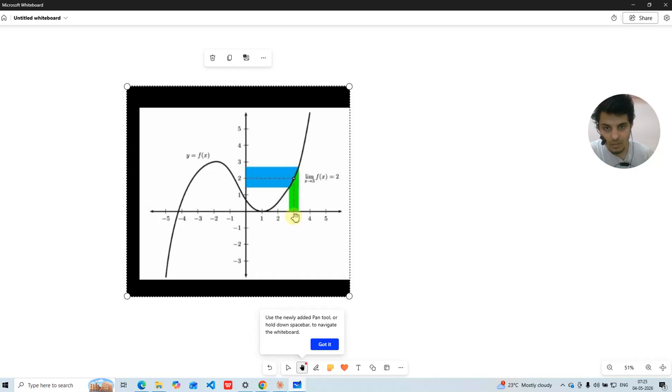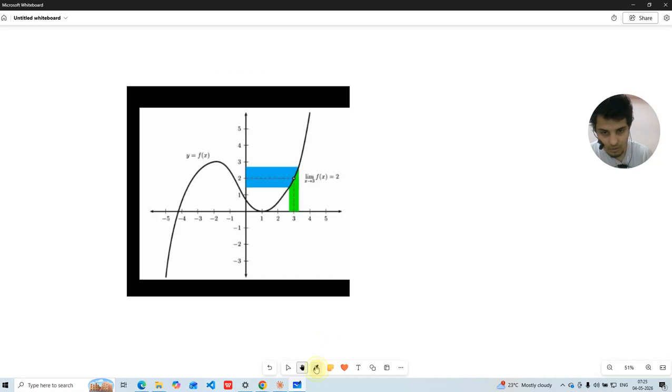So you see this green area, 3 minus delta and 3 plus delta, and this is our epsilon. Okay, I got it now. 3 minus delta, and this is 3 plus delta.